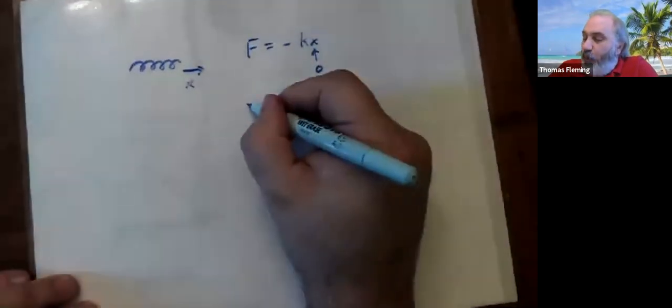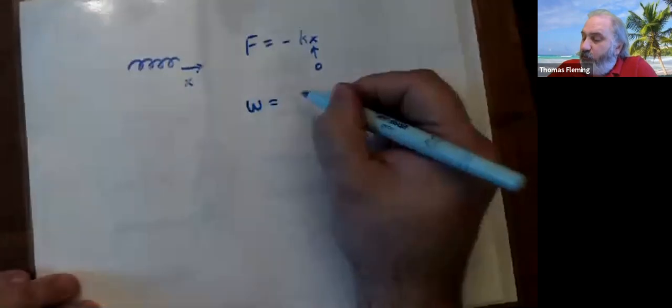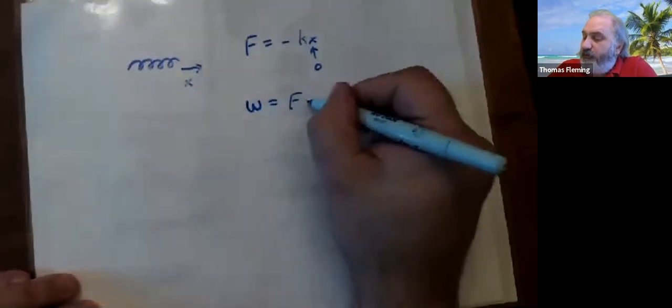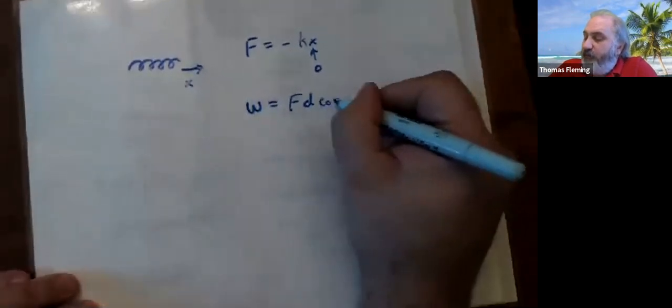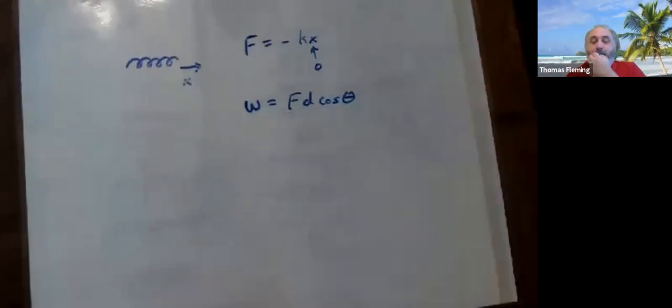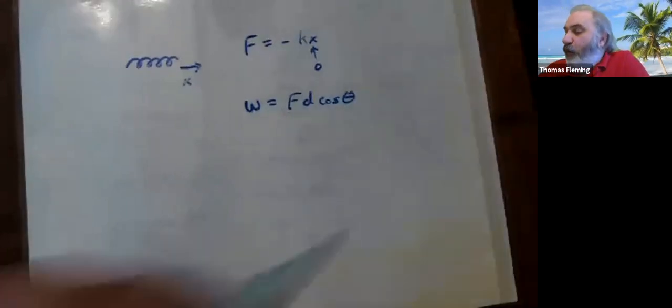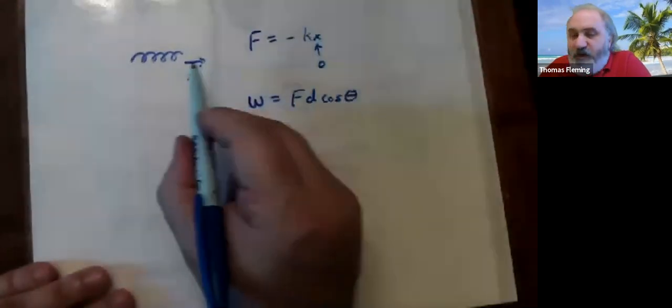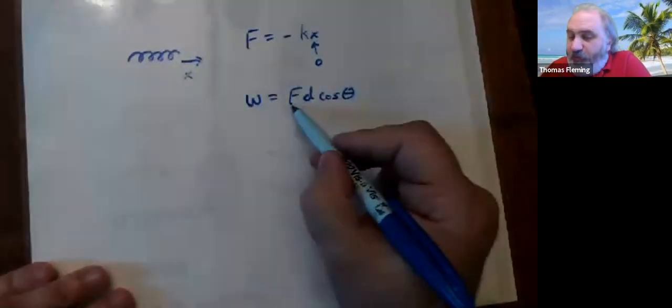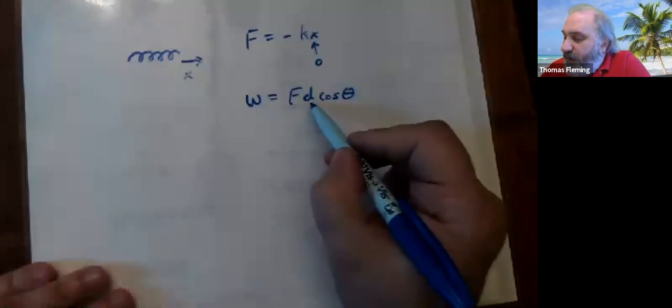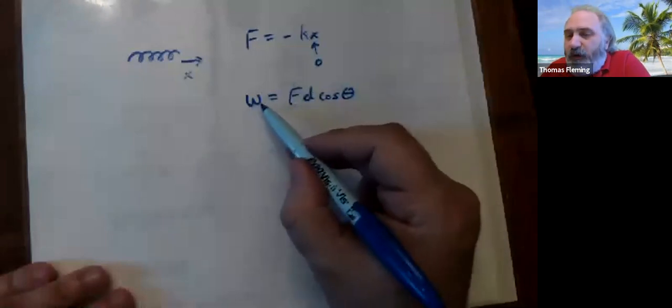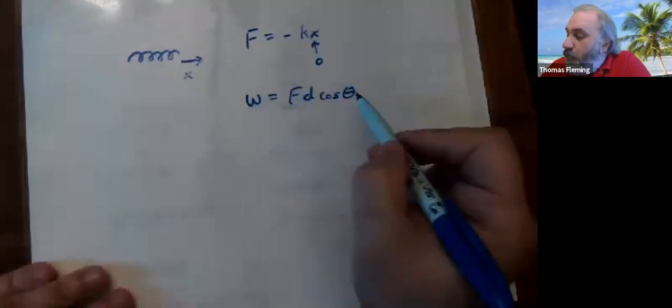If I want to know how much work that does, well, the work would be the force times the distance times the cosine of theta. And what's going to happen is my force is super, super tiny because I haven't stretched it very far. So that's super tiny. My distance is super tiny. It's going to do a tiny amount of work at first. Now, what about the cosine of theta?